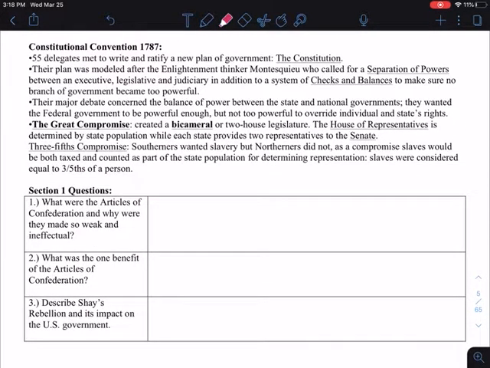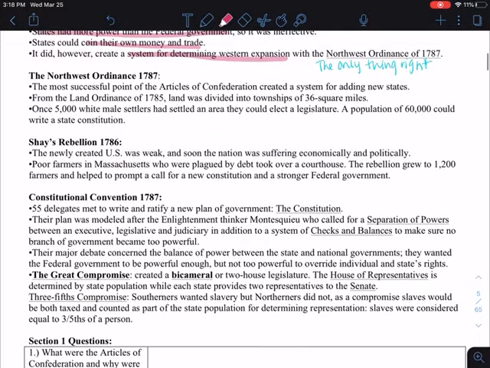Alrighty, next question. Shays Rebellion. Remember, we only talk about 2 rebellions. The first one is Shays. This one is going to show us the weaknesses of the new government. Remember, we had the poor farmers in Massachusetts that were upset over all the debt that they had come up to, and instead of paying that debt, they were going to burn the buildings down that housed the papers that said they had debt.